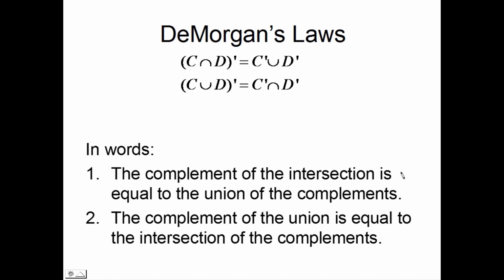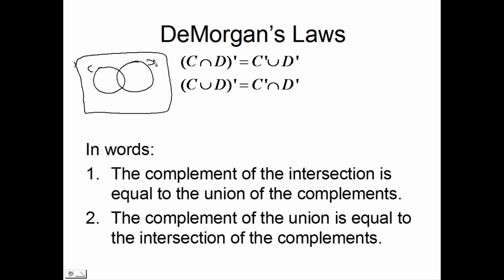Part 1, the complement of the intersection is equal to the union of the complements. So you're just basically interchanging the places of intersection and union each time. And if we draw the picture pertaining to each of these, we'll do C and D here. This one will go with this.